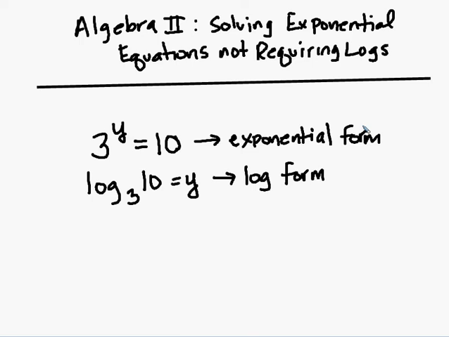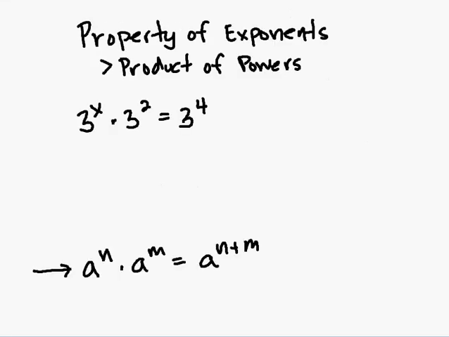Now let's talk more specifically about solving exponential equations not requiring logs. And there's a trick or a secret or a method of figuring out values of exponents that are unknown. So let me give you an example of what you want to try to accomplish as part of the process of solving for an unknown exponent.